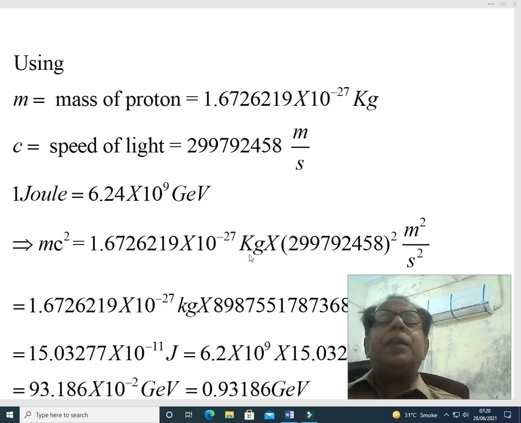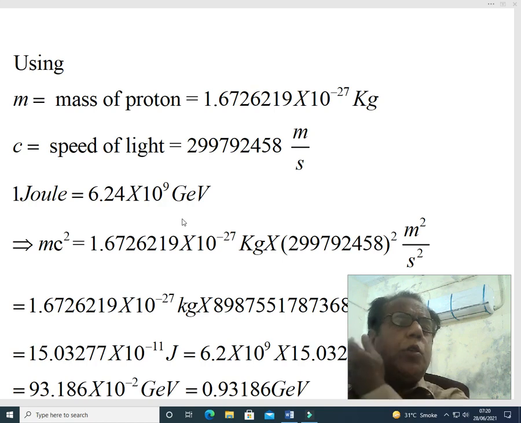All these ways are acceptable. I have not made any change; I have just used it as it is given, and I have not converted it into 2.9 or 3.0 into 10 raised to the power 8.